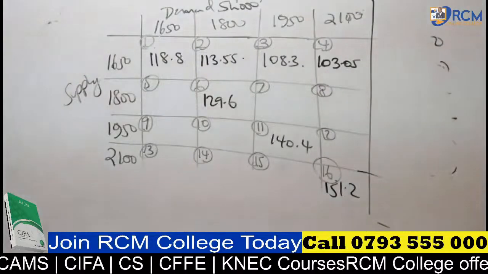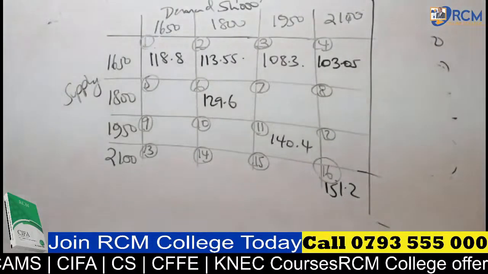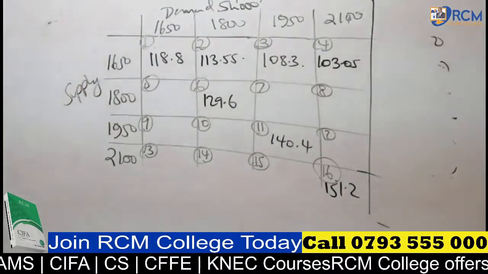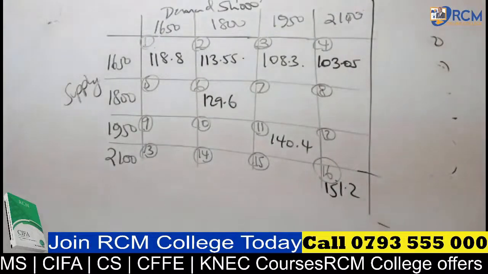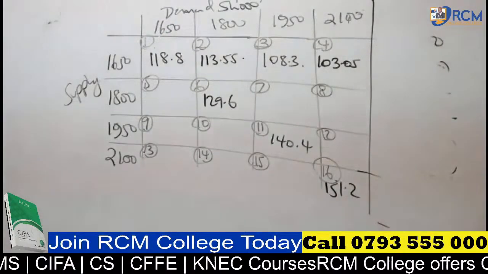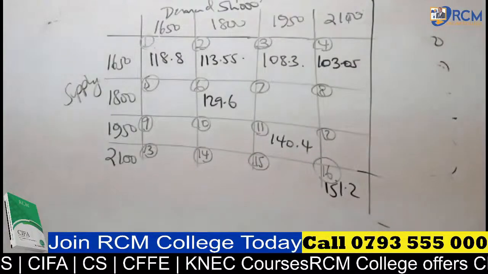Kigunda says no. It's supposed to be 141.60. Those are the kind of arguments I like, the kind of democracy I like.